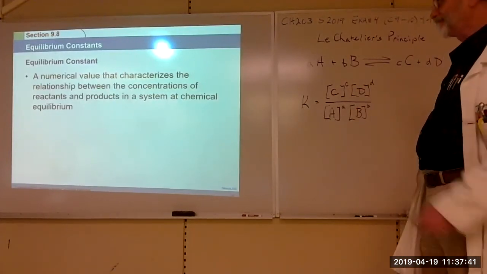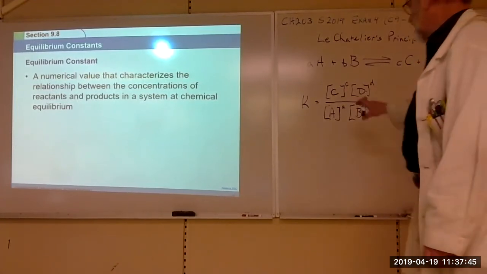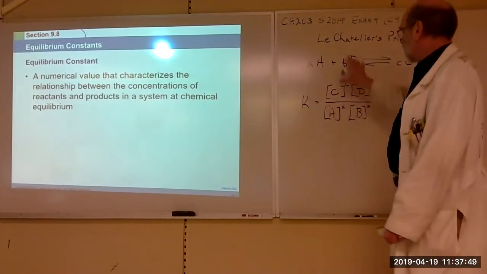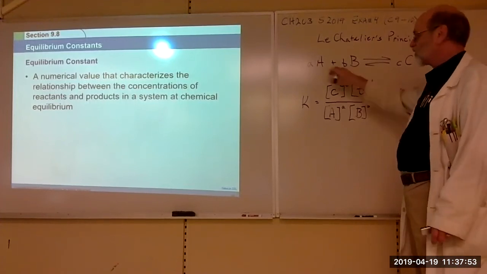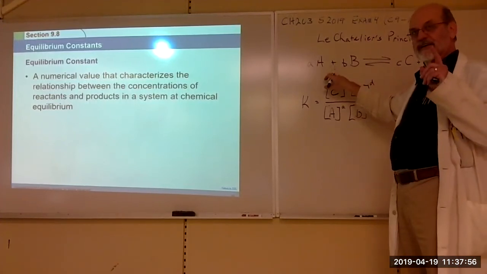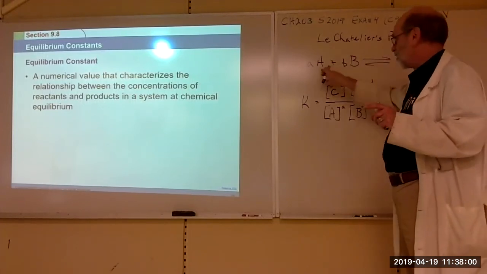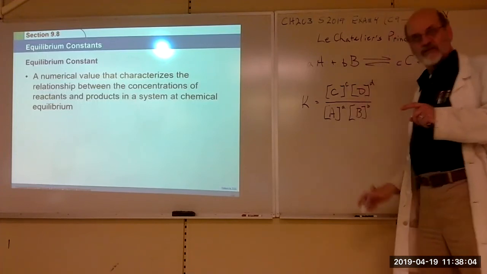Okay? What did I say the brackets were? These are the equilibrium concentrations, right? So if you put some of this in there and none of that, then you can't use that concentration yet. You have to wait until it reaches equilibrium and then measure the concentrations of each one of them to fill in these values.